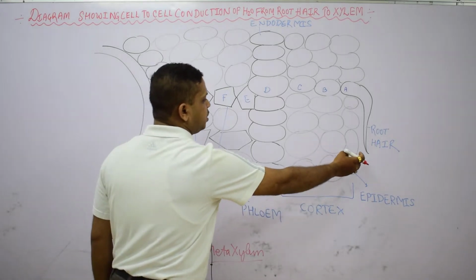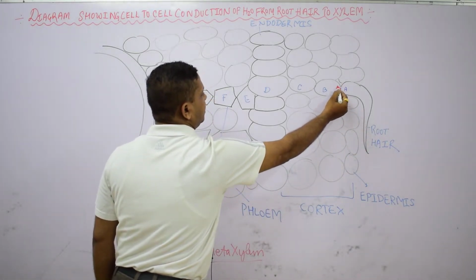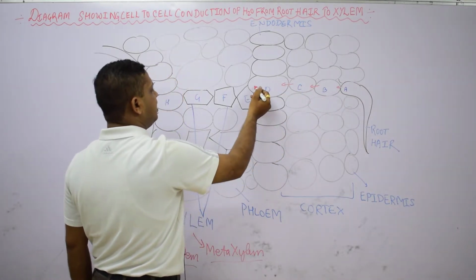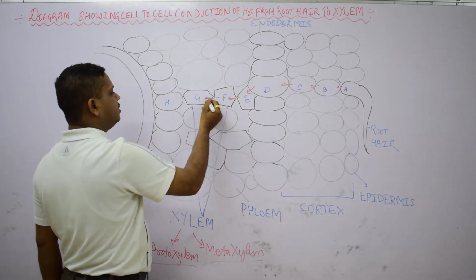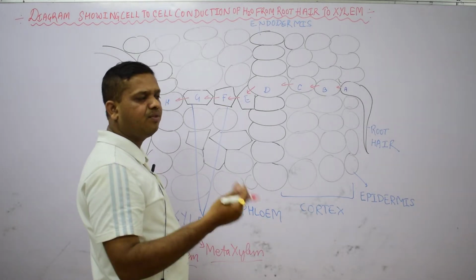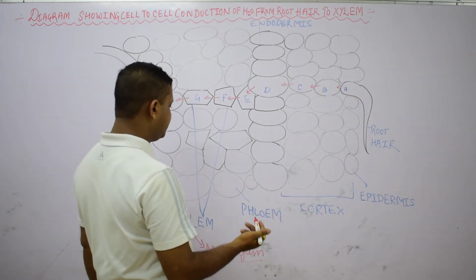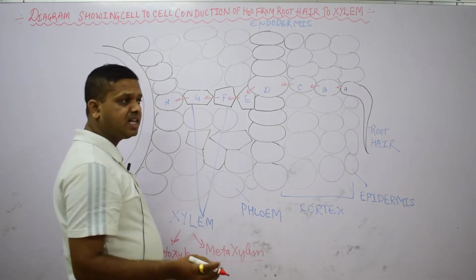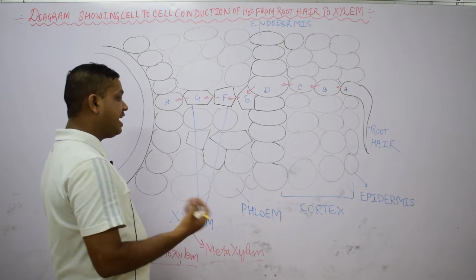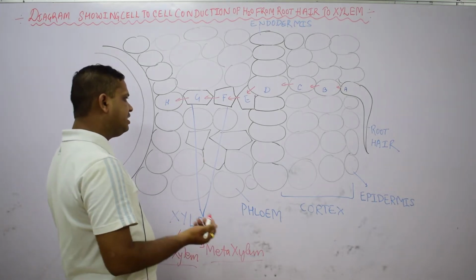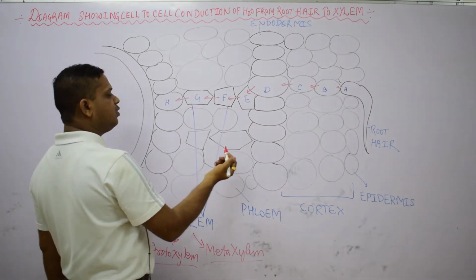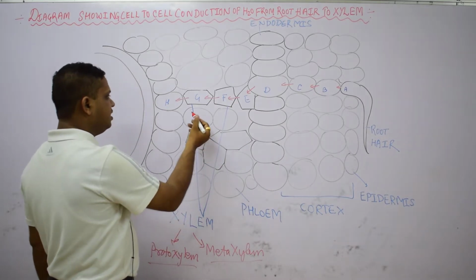The solution will be absorbed with the help of root hair into A cell, and then it will be passed to the adjoining B cell, as well as C to D cell and D to E cell, then F, then G, and in the same way to H. In this way, the adjoining cells carry forward the essential solution which is required for photosynthesis as well as transpiration, and possibly mechanical support and turgidity. So, in this way food synthesis takes place.